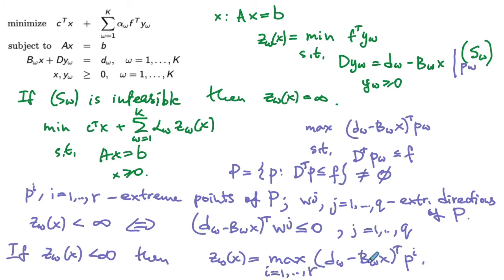So whenever z_omega of x is finite, we can find it by finding the best extreme point of the feasible region for the scenario dual.